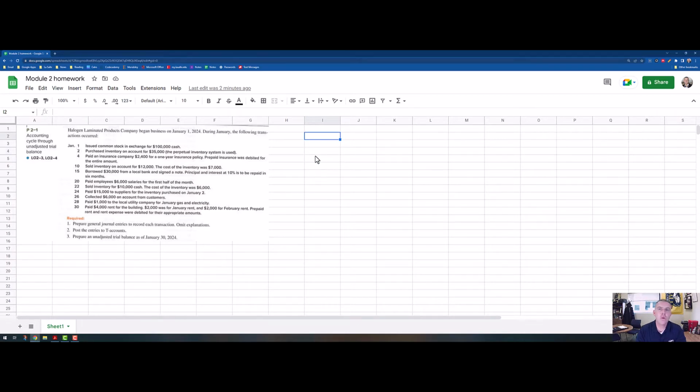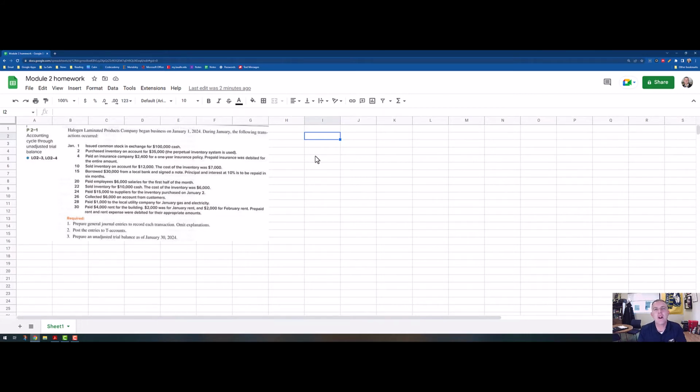So what we're really doing in this problem is the beginning of the accounting cycle. If you remember from Module 1, the accounting cycle is that process that we go through to take transactions that happen out in the real world, those economic transactions, record them through journal entries, post them to T accounts, and then prepare an unadjusted trial balance, prepare financial statements, prepare an adjusted trial balance, and then finally close the books, close the temporary accounts, close the revenue, expense, gain, loss accounts, and put them into retained earnings.